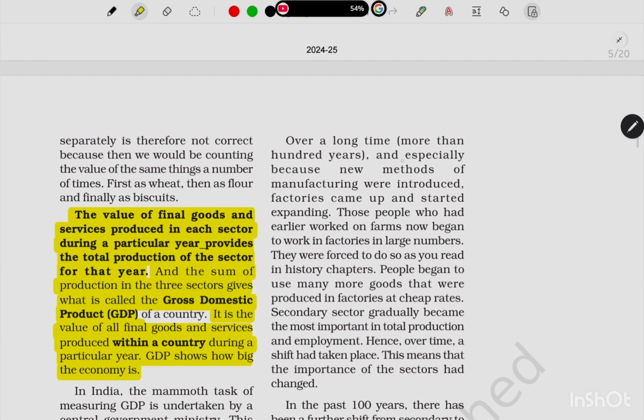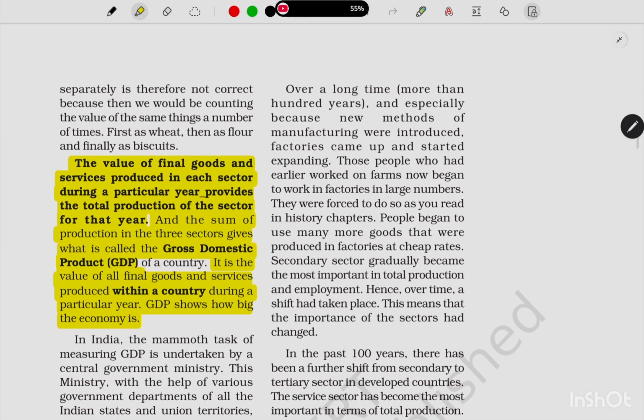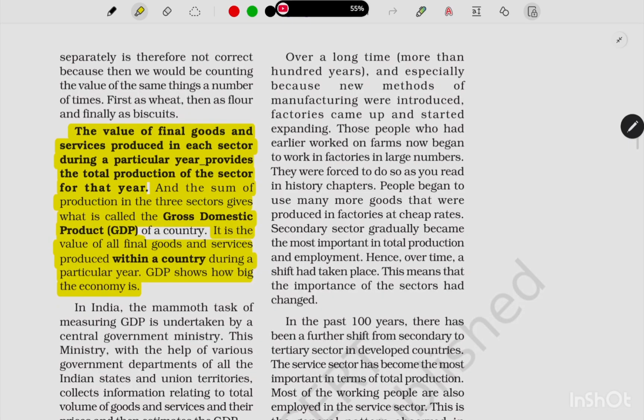Over a long time, more than 100 years, and especially because new methods of manufacturing were introduced, factories came up and started expanding. Those people who had earlier worked on farms now began to work in factories in large numbers. They were forced to do so, as you read in history chapters.